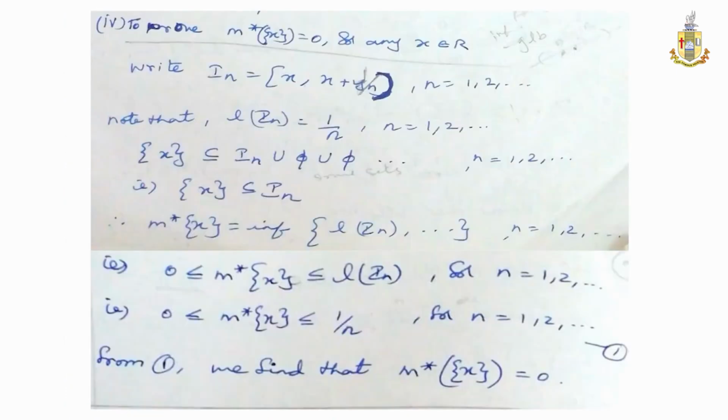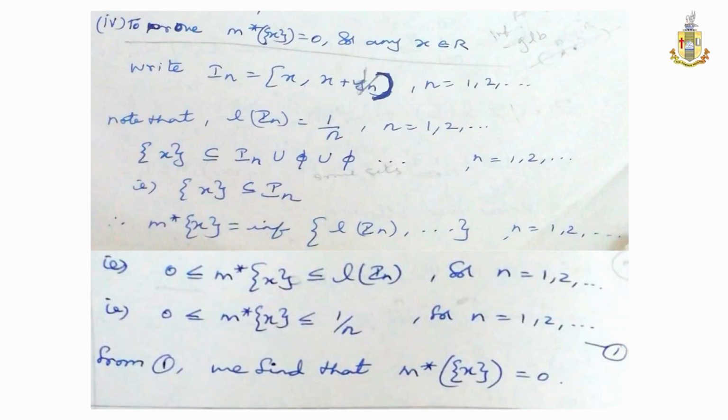And the fourth one is to prove m star of x is equal to 0 for any x belongs to R. To prove this, we are going to consider an interval In of the form closed [x, x + 1/n], where n varies from 1 to infinity, etc. And we note that when we take the length of this interval, we will be getting the value as 1/n, where n varies from 1 to infinity. And this x is contained in or equal to In, that is, x is contained in or equal to In.